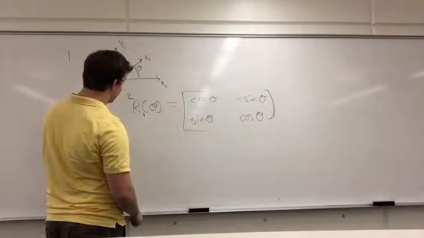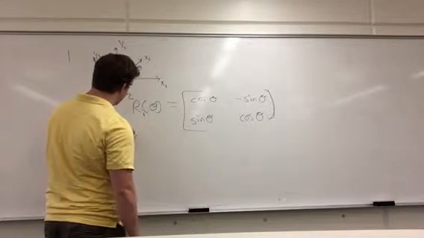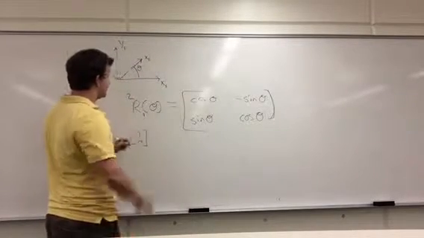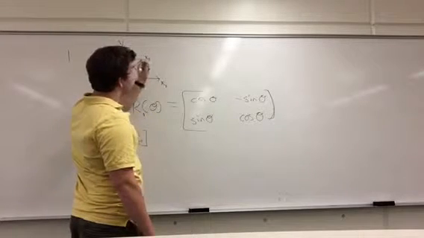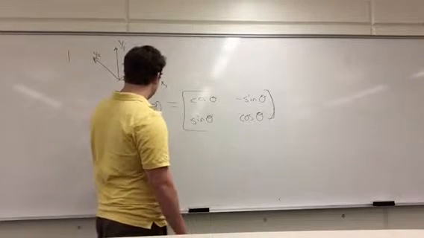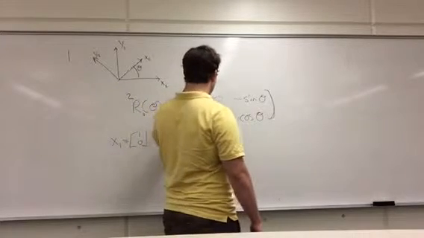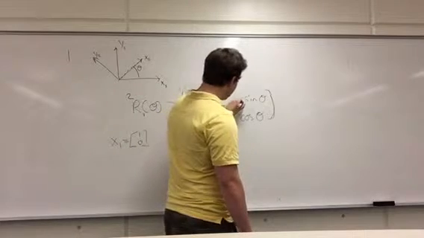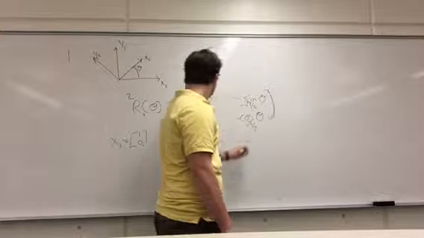So let's label this right now. x1 will be 1, 0. We'll have the theta be pi fourths. And so that means that our rotational matrix will be square root 2 over 2, square root 2 over 2, negative square root 2 over 2, square root 2 over 2.